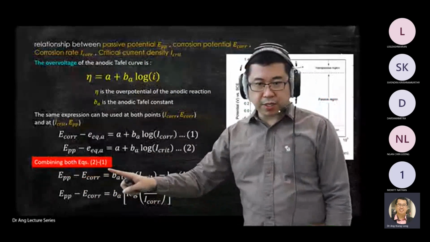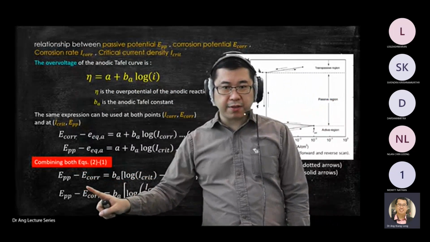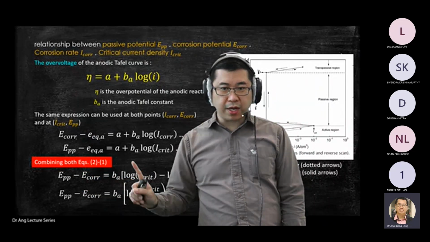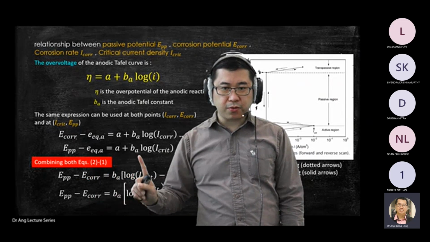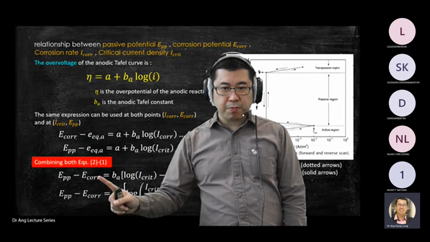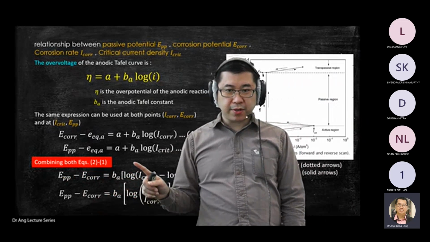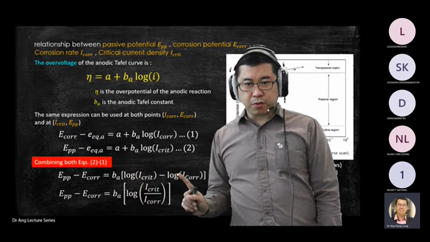We want to find the positive E corrosion. So what you do, you move this one to the left hand side, move the one to the right hand side, pull the whole thing to the left hand side. That's why this one will switch place.